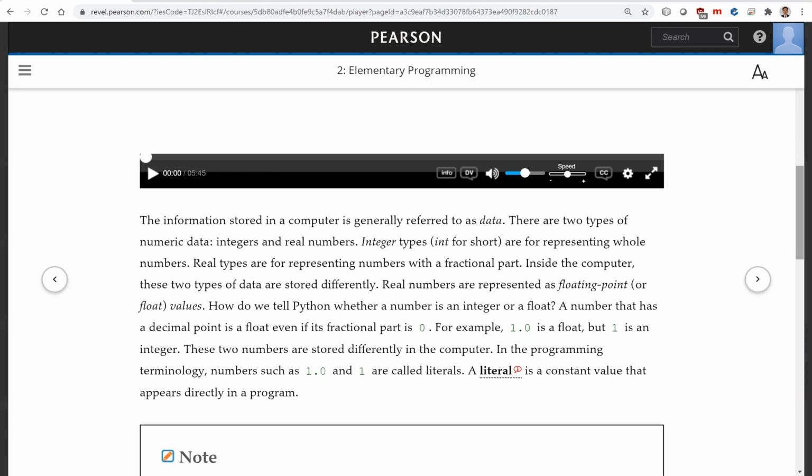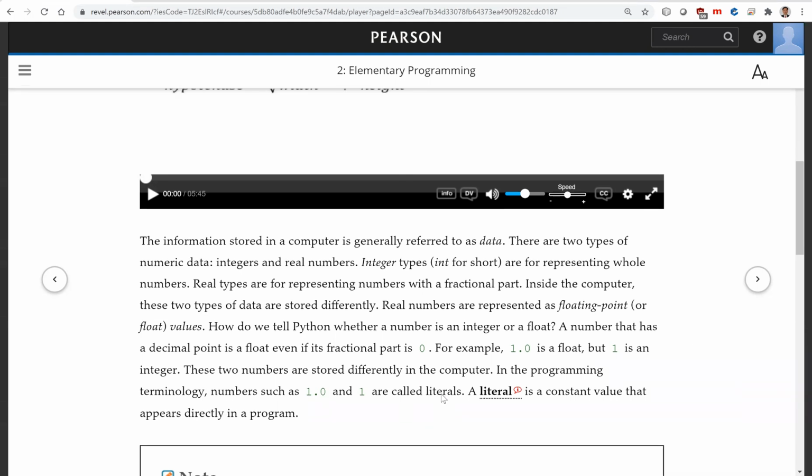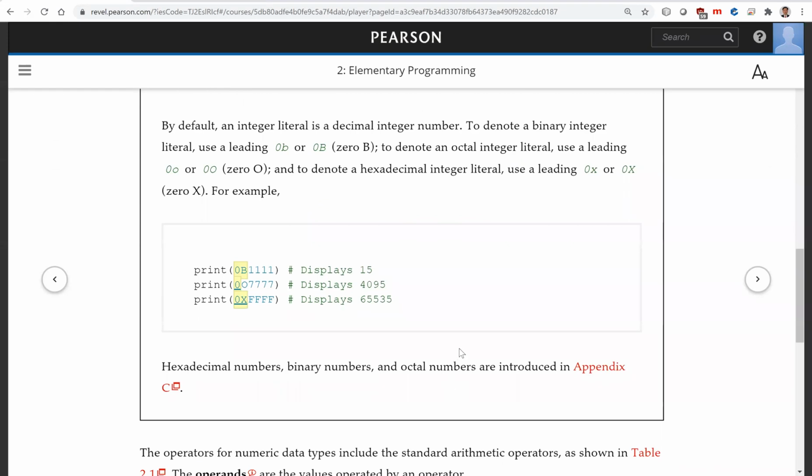If you assign 1 to a variable x, x is an integer. If you assign 1.0 to x, x is a float. A literal is a constant value that appears directly in a program. So when you assign 1 to x, 1 is a literal value.